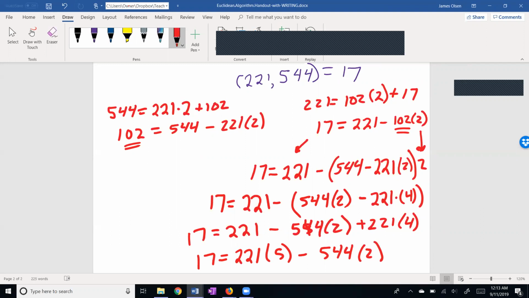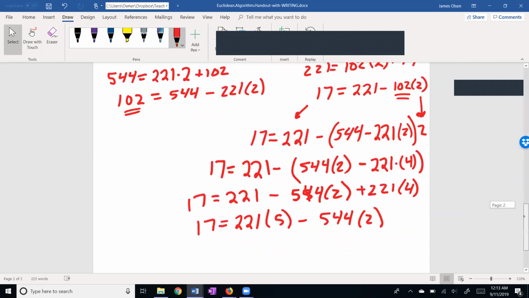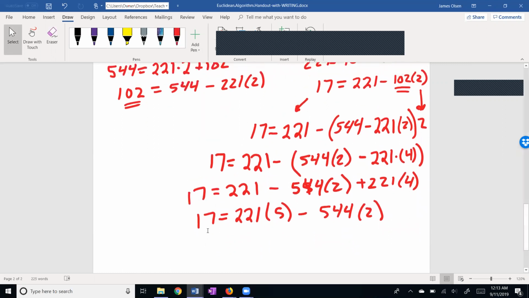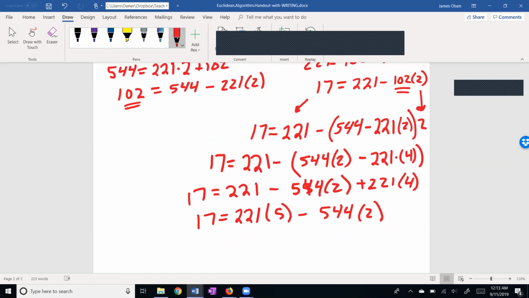You can write the answer this way, or if you would like, you can use a -2, 17 is equal to 221 times positive 5 plus 544 times negative 2. I have written the greatest common divisor as a linear combination of the numbers.